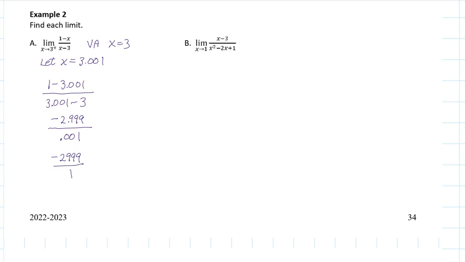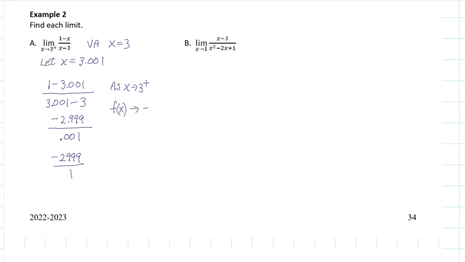What does that mean? That means that this graph is heading in a negative direction as x gets closer and closer to 3 from the positive side.